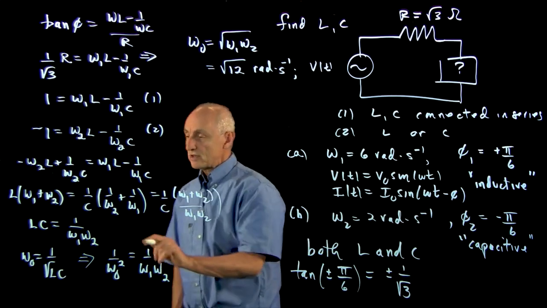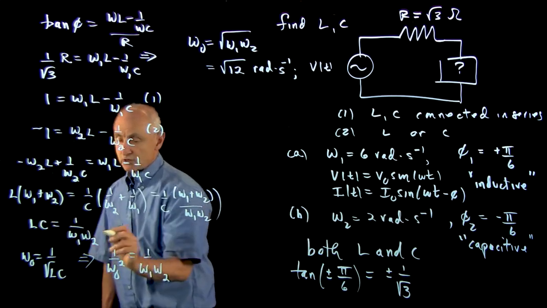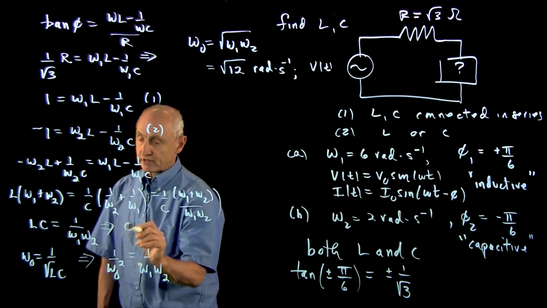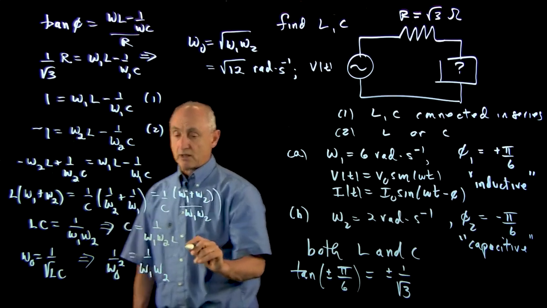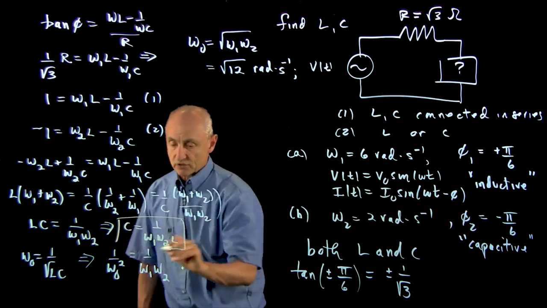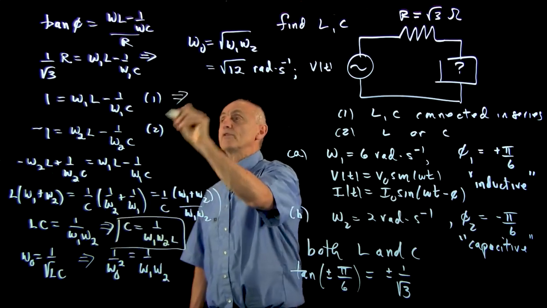Now, when we solved this equation, we found this nice result, which told us that C was 1 over omega 1 omega 2 times L. I'm going to box that result and look at what I can do with equation 1.